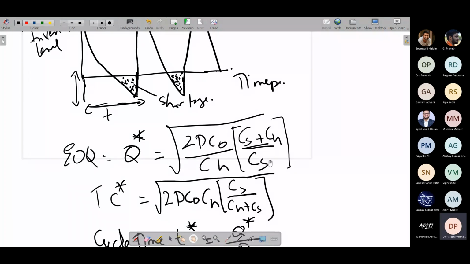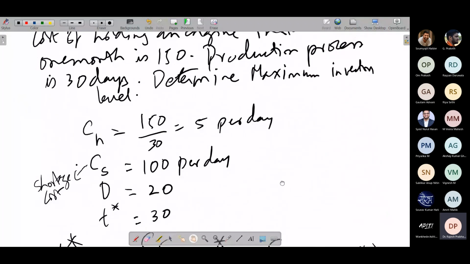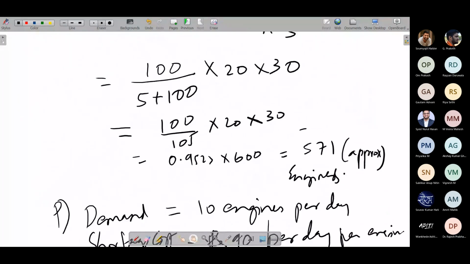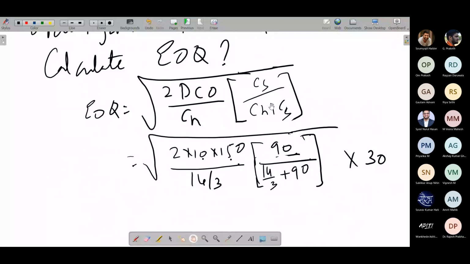I have given this formula, CS plus CH by CS, right? Yes, sir. So we'll go with this formula only. That means reverse formula, right?